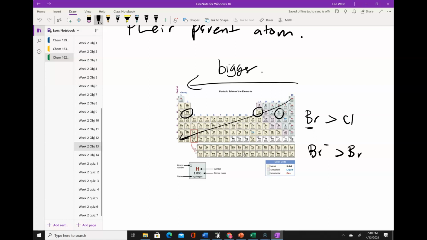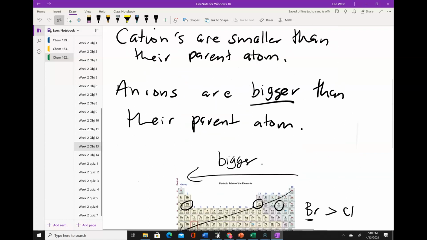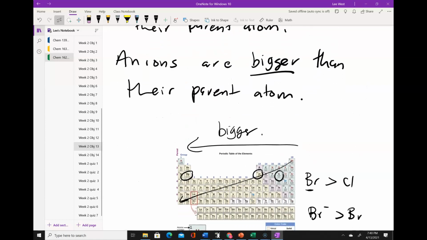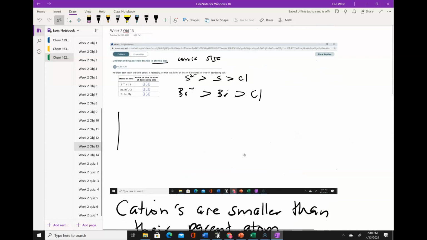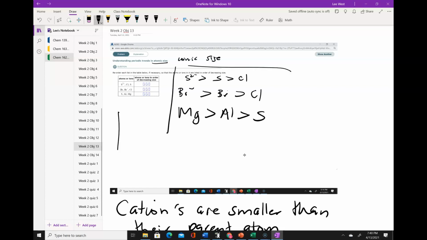So we need to add them in order of decreasing size, right? So it's going to go magnesium, aluminum, sulfur. There we go. Magnesium is bigger than aluminum, which is bigger than sulfur. So always be really careful that you get the order of the ranking in the correct direction.